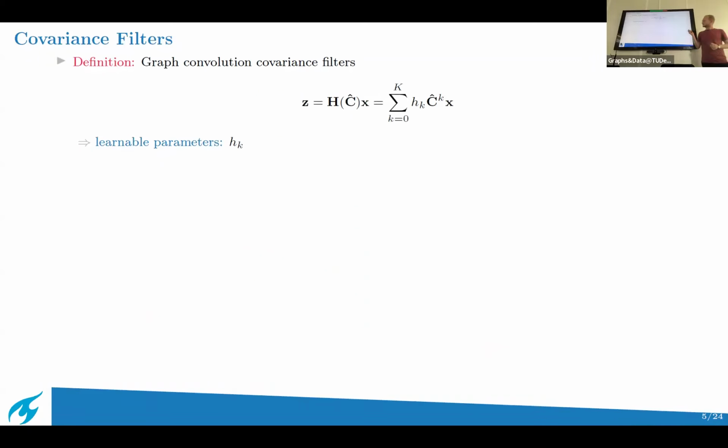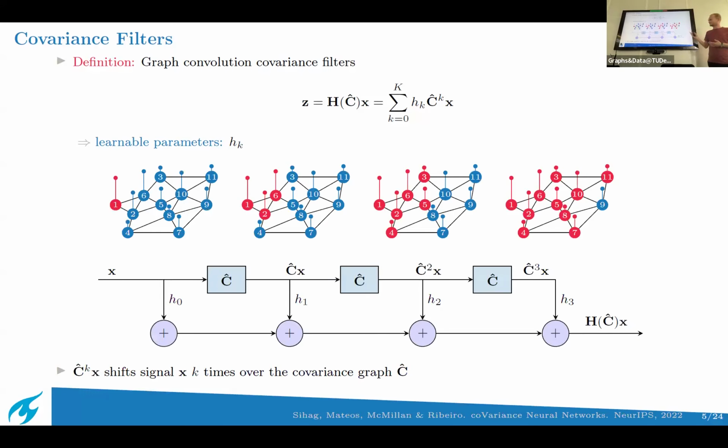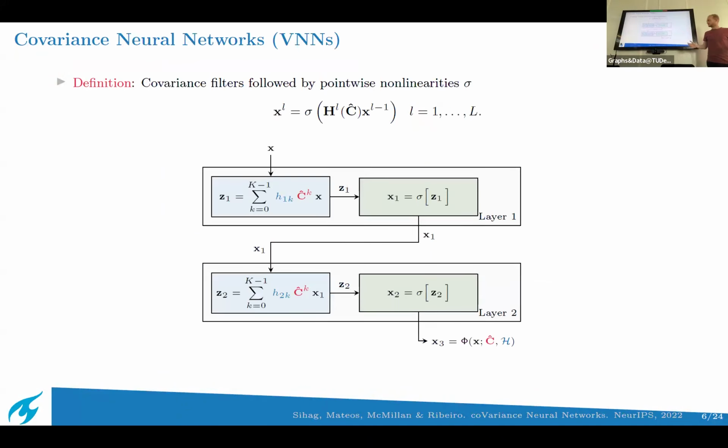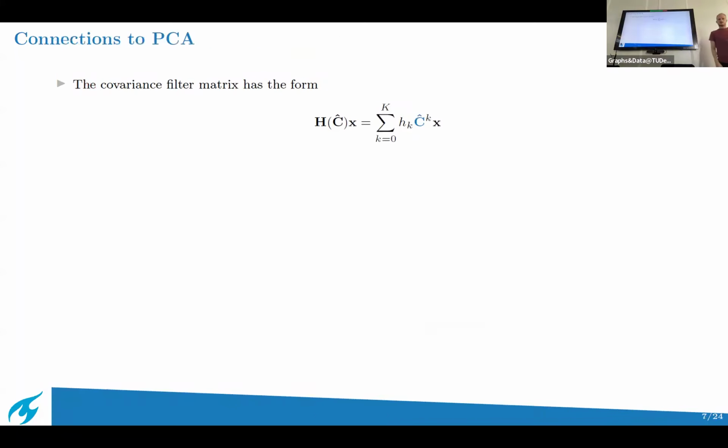You can do a convolutional filtering on this graph, where you shift a signal from a node to its neighbors, taking powers of the covariance matrix. And then you aggregate everything together by multiplying with these learnable coefficients h and summing all of this. And once you have the filter, you can build a neural network by having filter banks, so many filters acting in parallel, adding a nonlinearity sigma, which increases the expressivity of the model, and stacking multiple layers on top of each other.